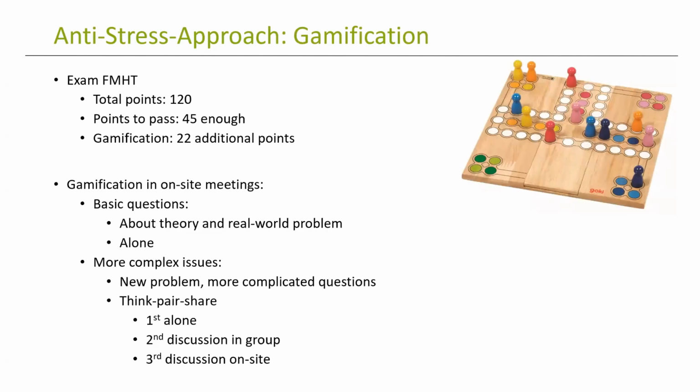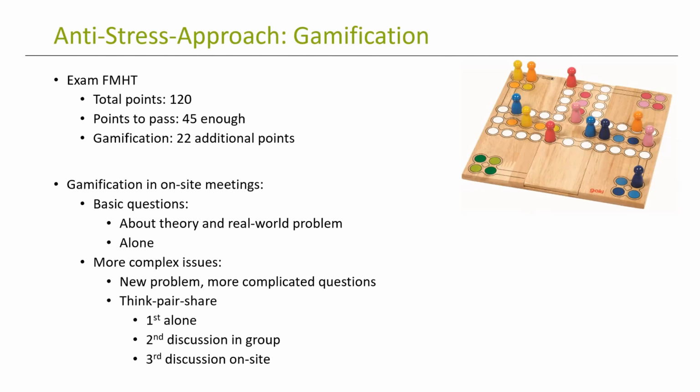So now, to reduce the stress, our anti-stress approach is the gamification. You may know that the exam FMHT has around 120 points in total. You need 45 points to pass the exam.